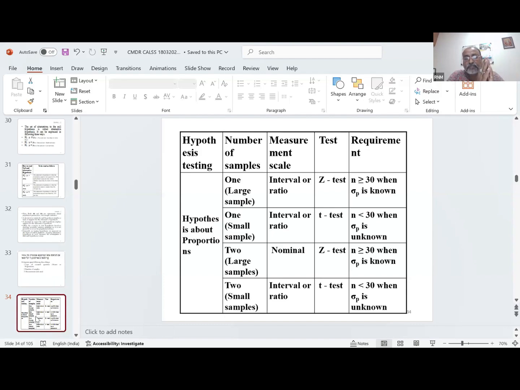Everything starts from the probability of happening being 50% and the probability of non-happening being 50%. These kinds of thumb rules and assumptions have to be followed so that we can build upon more advanced tests. Now the small samples are less than 30. The reason I am focusing on this slide is that non-parametric tests are actually useful when your sample size is small.